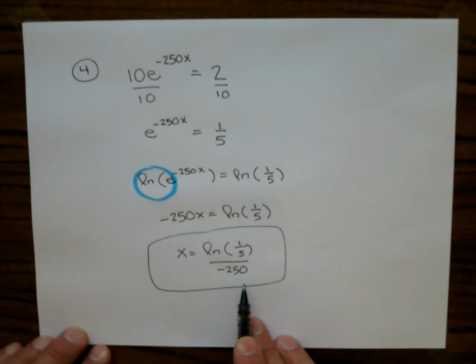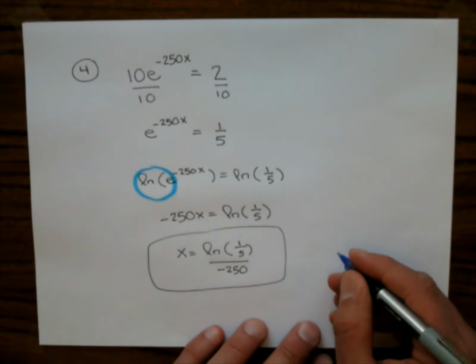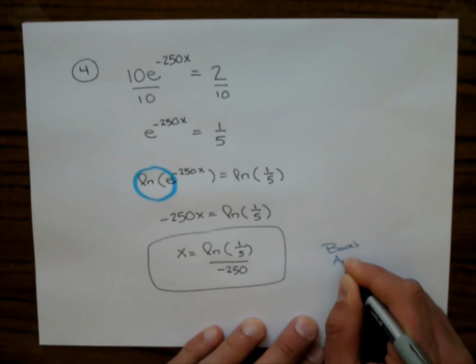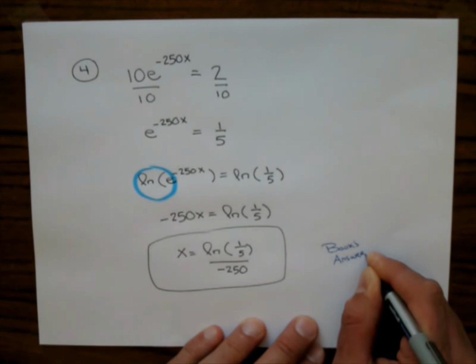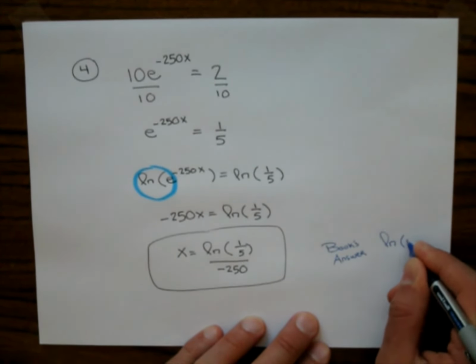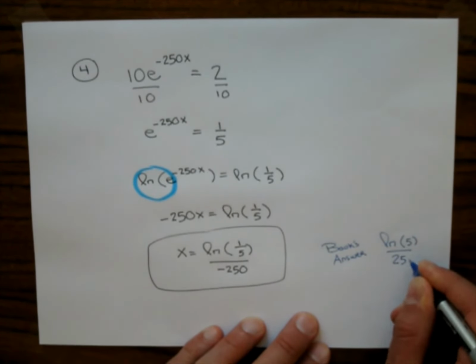So that is what we have, and lots of times when you do logarithms, you look in the back. So here's the book's answer, maybe. I'm just kind of making this up. But they might have something like this: ln 5 over 250.